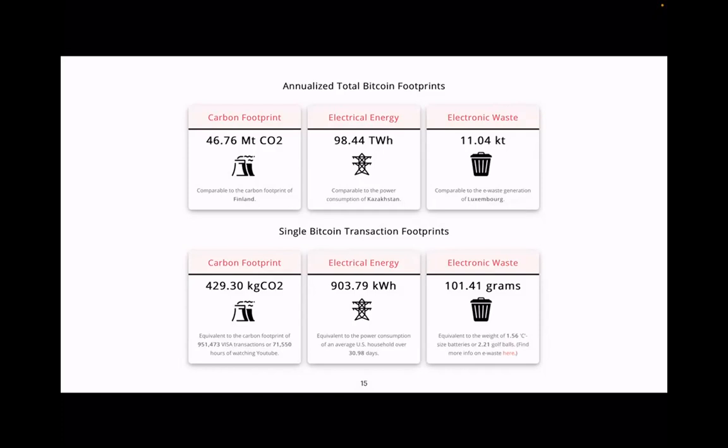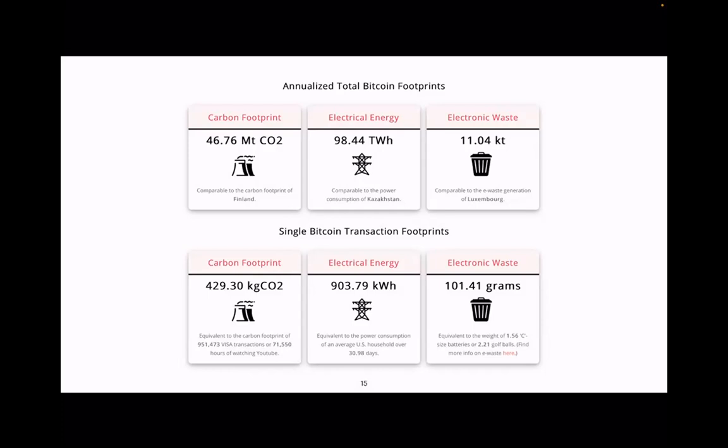We've already talked about the electrical energy. And if we were to look at the single Bitcoin transaction footprint, again the carbon footprint, we can see it to be equal to 430 kilograms of CO2, which is equivalent to the carbon footprint of almost 1 million Visa transactions. And in terms of electrical energy, the single Bitcoin transaction footprint is equivalent to the power consumption of an average US household over a whole month.